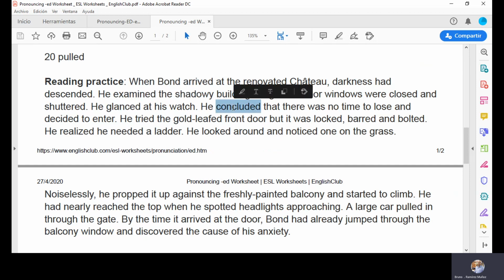So the idea is that you read this text aloud, and then you tell us what the ending is. What is it going to be? Is it going to be a voiceless t, a voiced d, or id? Id, right?